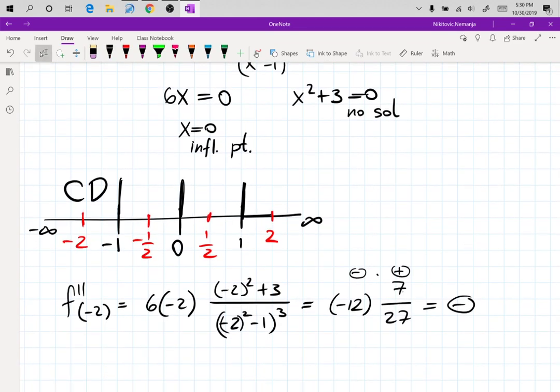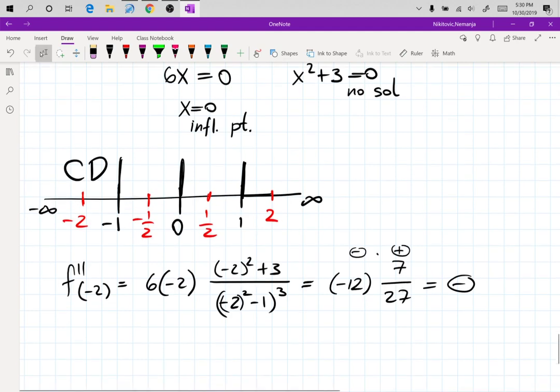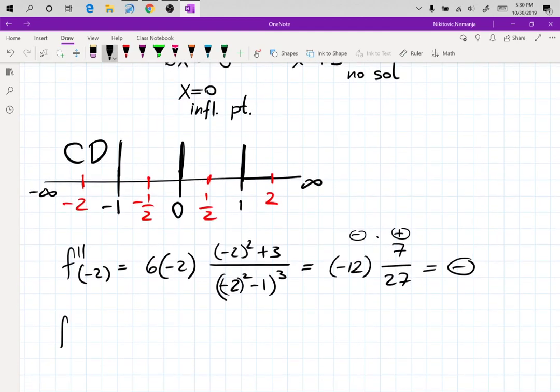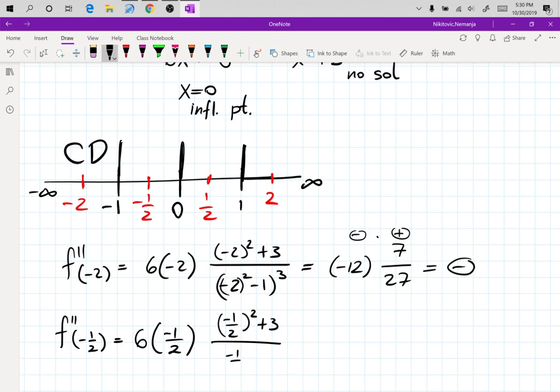The next problem is negative 1/2. So we have f double prime of negative 1/2. That's 6 times negative 1/2, and then negative 1/2 squared plus 3 divided by negative 1/2 squared minus 1, everything cubed. Half of 6 is 3, so that's negative 3.